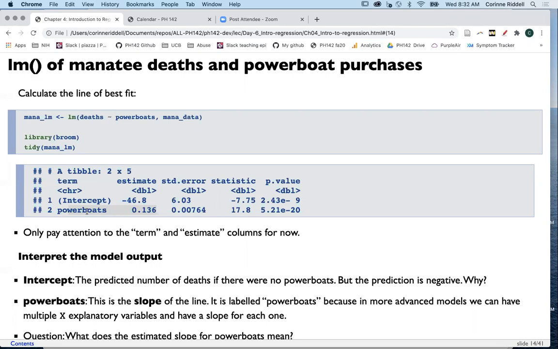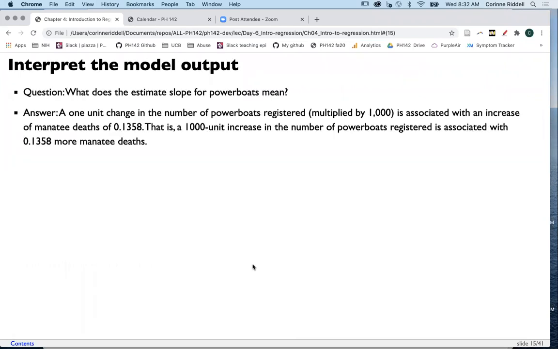That is hard to interpret when you have a number of deaths going up by a decimal. When that happens, it's easier to interpret by doing something like what's on the next slide.